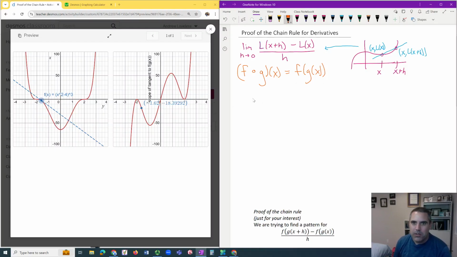All right, so what we would like to do is to figure out what (f of g of x plus h minus f of g of x) over h is, and we'd like to understand if there's anything we can say about that as h goes to 0. And so it's a similar clever trick.